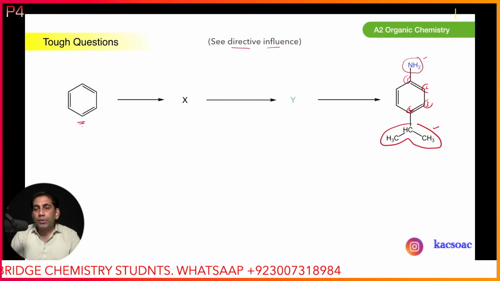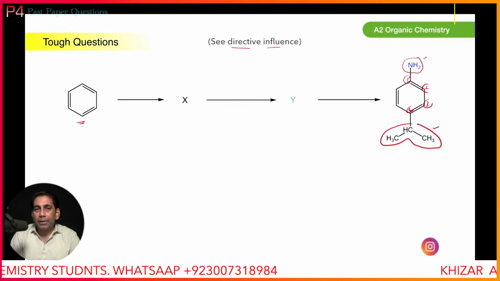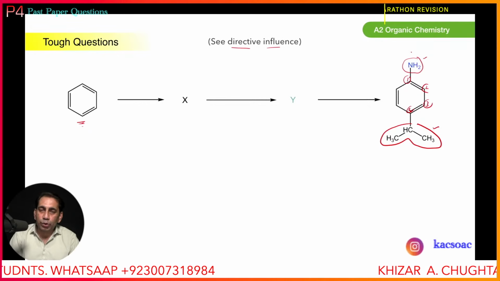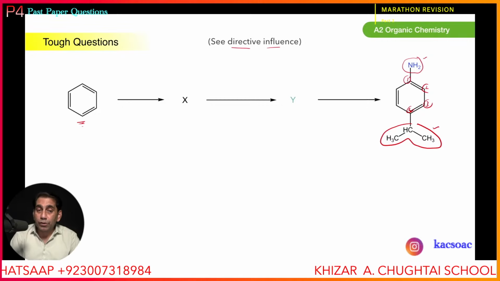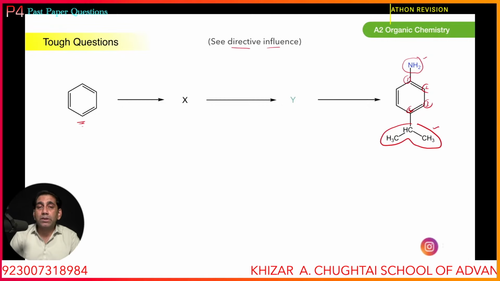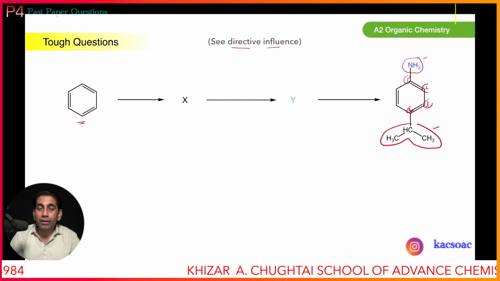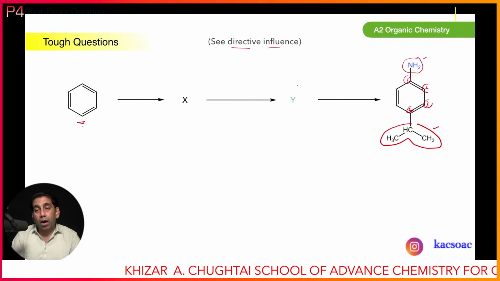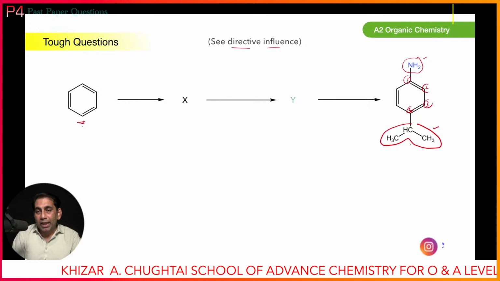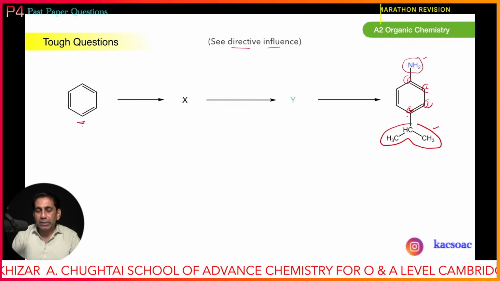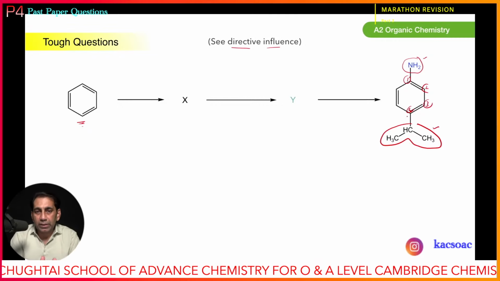Benzene directly cannot be changed into an NH2 group. You cannot directly introduce an NH2 group on the benzene ring. The first step is to introduce a nitro group. We will have to make nitration first, or in this case, alkylation first. So what should be done first?